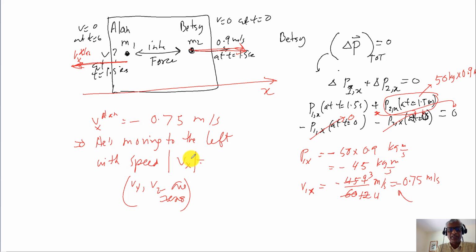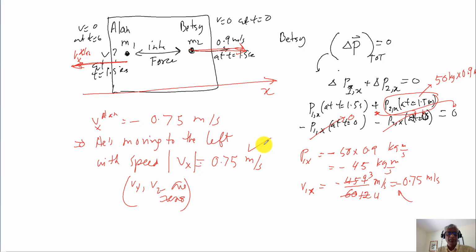So that's 0.75 meter per second. Okay, it took a long time to do it, but we have an answer for both of them.